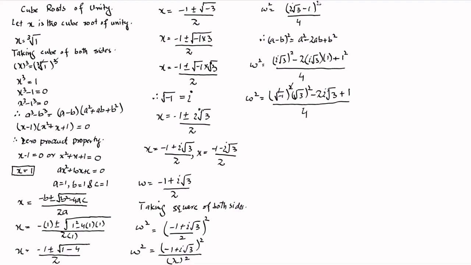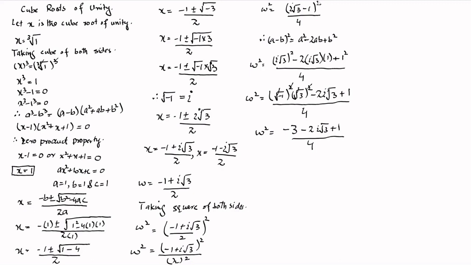Now this square cancels out with this square root, this square cancels out with this square root. So we have omega square is equal to minus 1 multiplied with 3 is minus 3 minus 2 iota square root 3 plus 1 divided by 4.